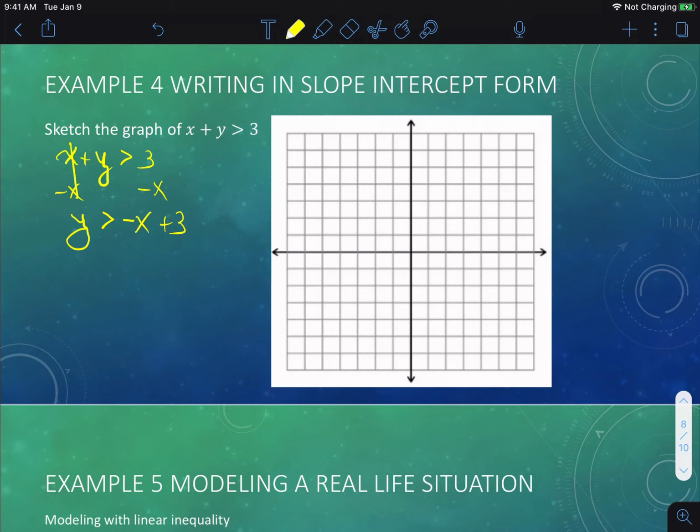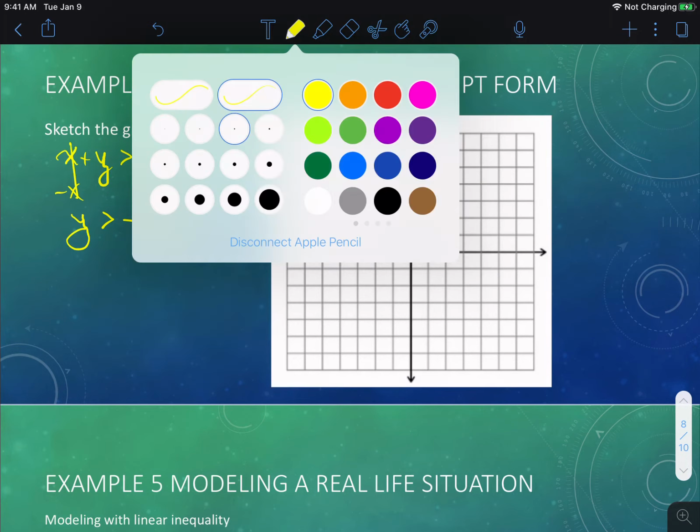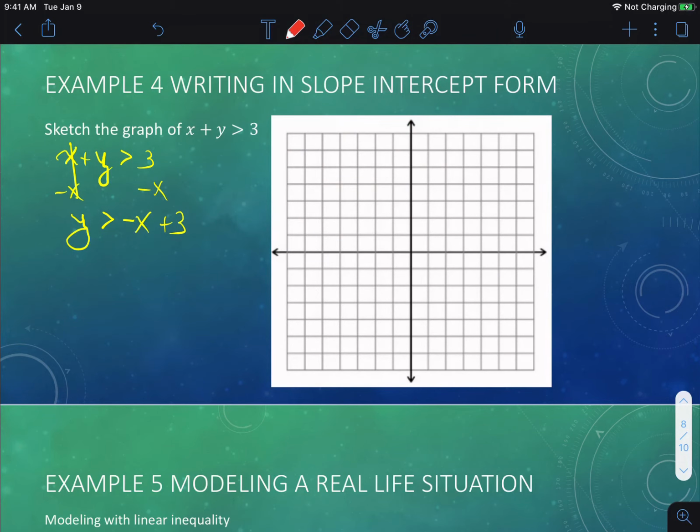But now we're going to graph this, and we know how to graph in slope-intercept form. We start by finding where the y-intercept is. Y-intercept is going to be 3 up, so 1, 2, 3. There we are. And we have a slope of -1.